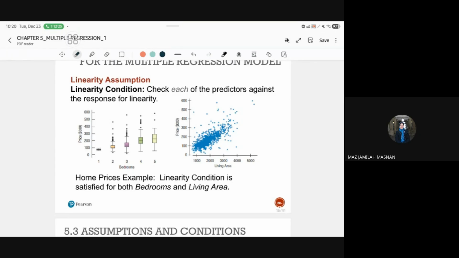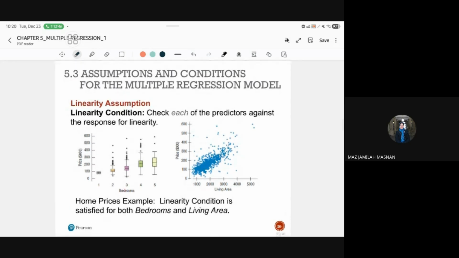Okay, so the first assumption would be the linearity assumption. For the linearity assumption, we just give you the description of how the linearity, or the rest of the assumptions, can be checked or visualized based on the explanation we have in the slide.